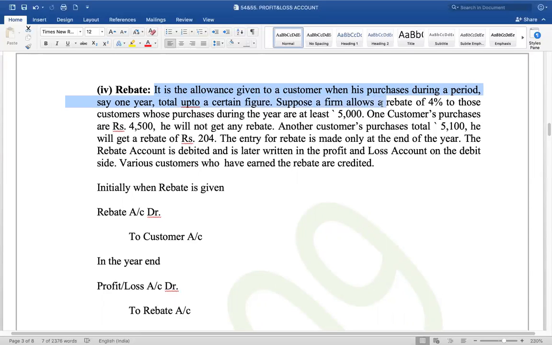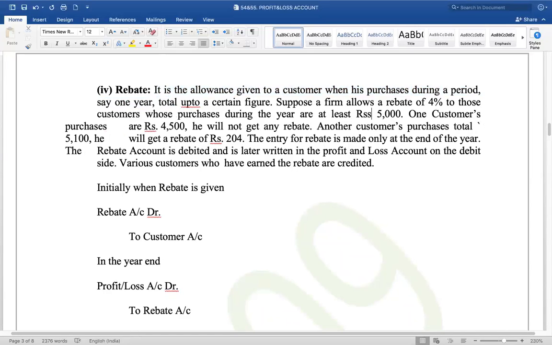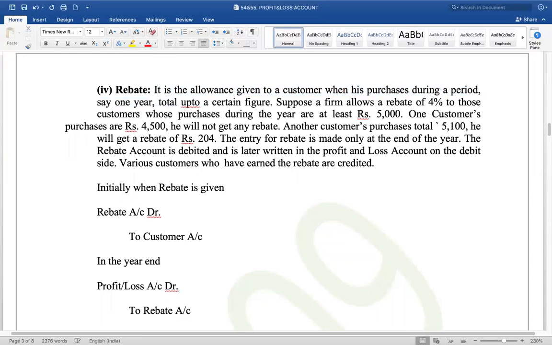Suppose a firm allows a rebate of 4% to those customers who purchase at least 5,000 during the year, on or before a certain date. One customer's purchase is 4,500, and he will not get any rebate.